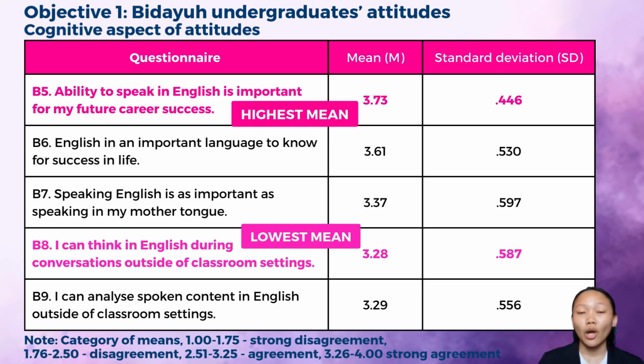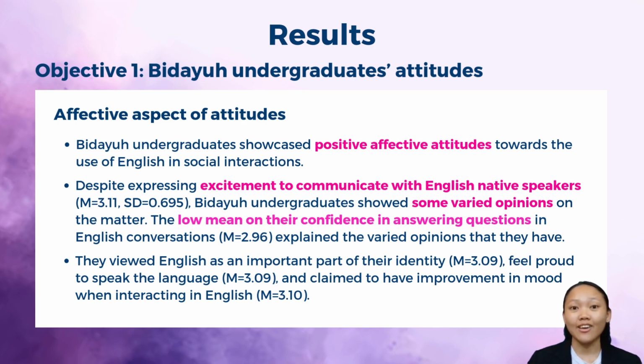Through this result, we can see that besides achieving the highest mean, item B5 also received the most consistent responses compared to other items.